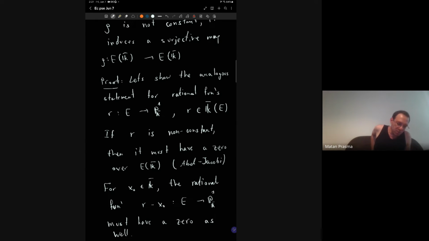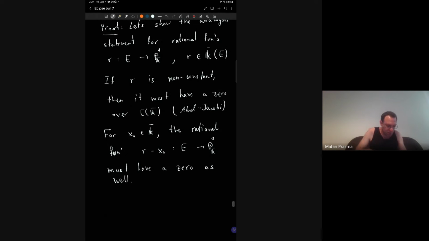But if R minus x0 has a 0, so say P is in the set of zeros of R minus x0, then R of P is equal to x0.